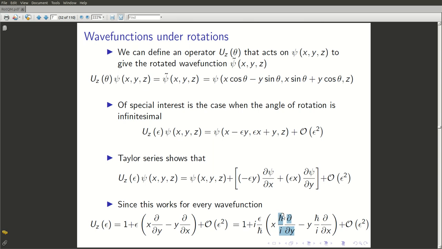So this is x p_y minus y p_x, which means that apart from this i epsilon by h cross, this term which generates the corrections or changes due to rotation through an angle epsilon about the z-axis is essentially nothing but the angular momentum component Lz.